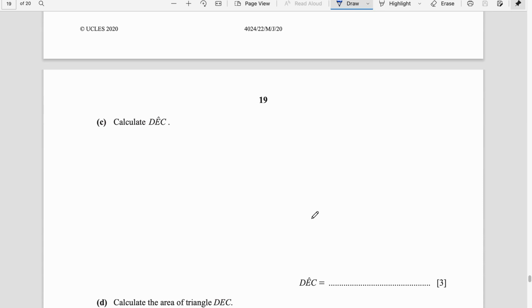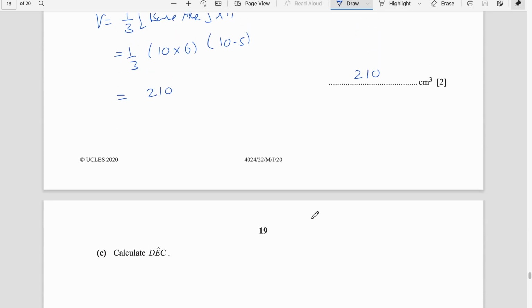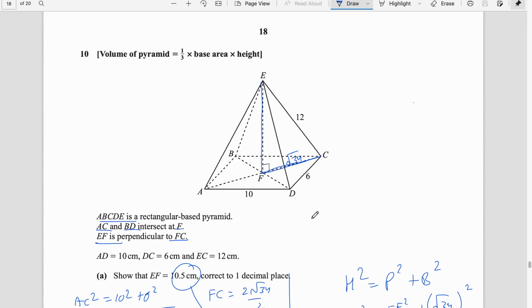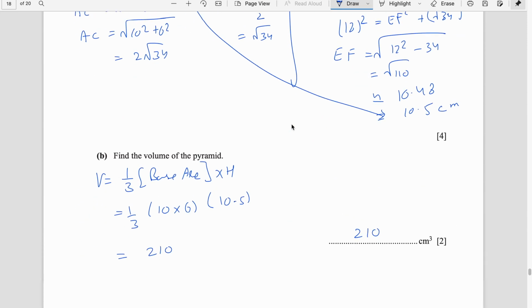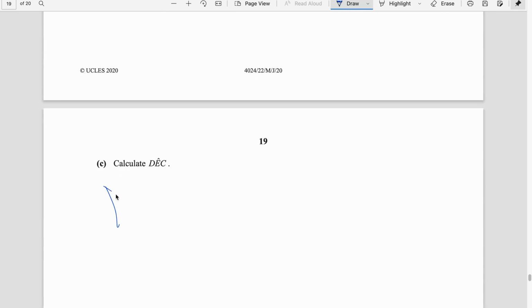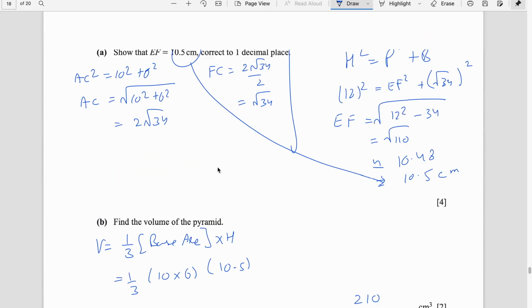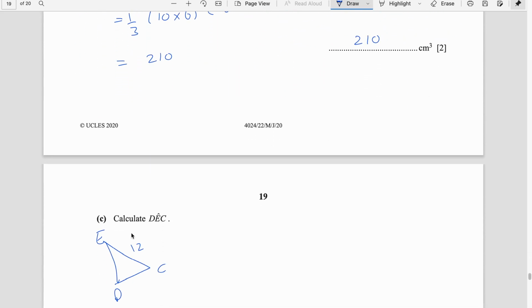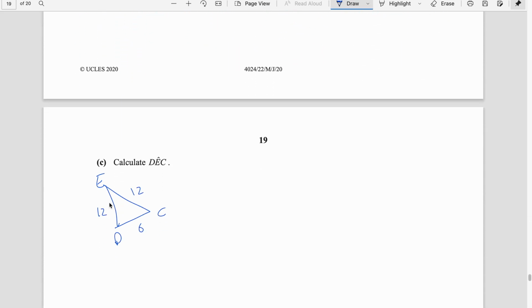Calculate angle DEC. Now we find where DEC is. So if you look at this question, this is D, E and C, and I'm extracting this triangle out. So D, E, C, 12 is already given, 6, and this is also 12, and we use cosine rule to find this.